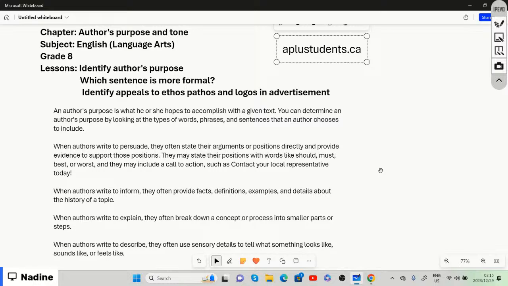And when authors write to describe, they often use sensory details to tell what something looks like, sounds like, or feels like.